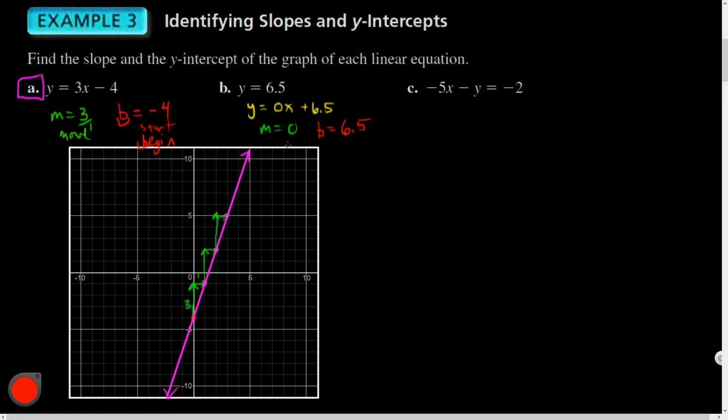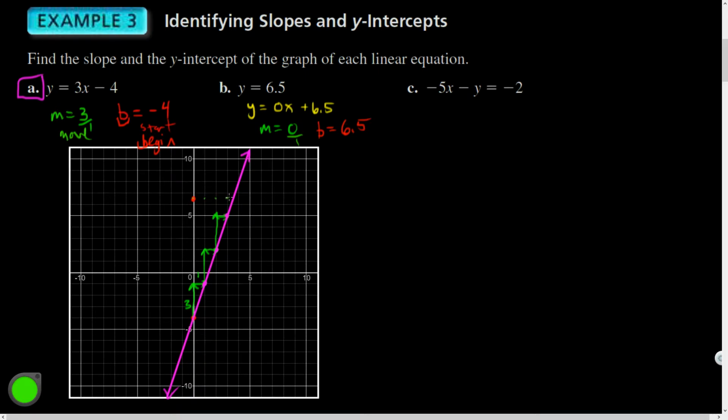All right, so let's begin at 6.5. So here's 6, here's 7. Where's 6.5? In the middle of 6 and 7. From 6.5, I'm going to go up 0 over what? Over 1. So up 0 over 1. Up 0 over 1.